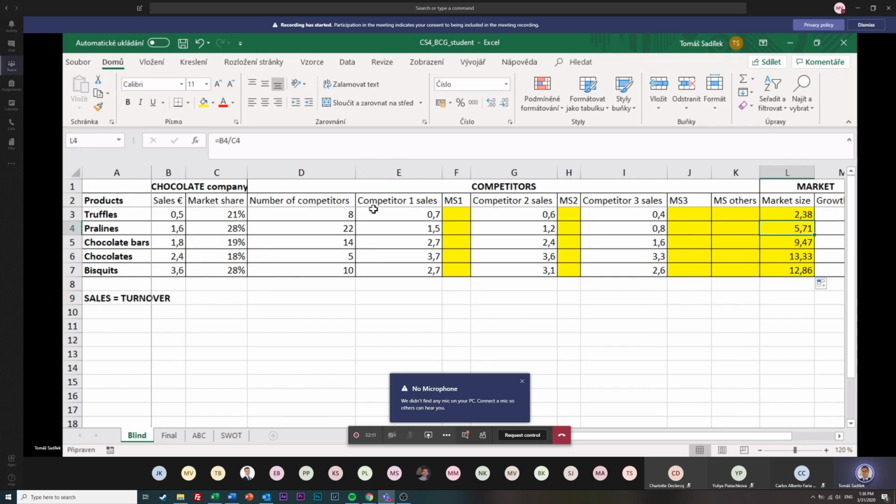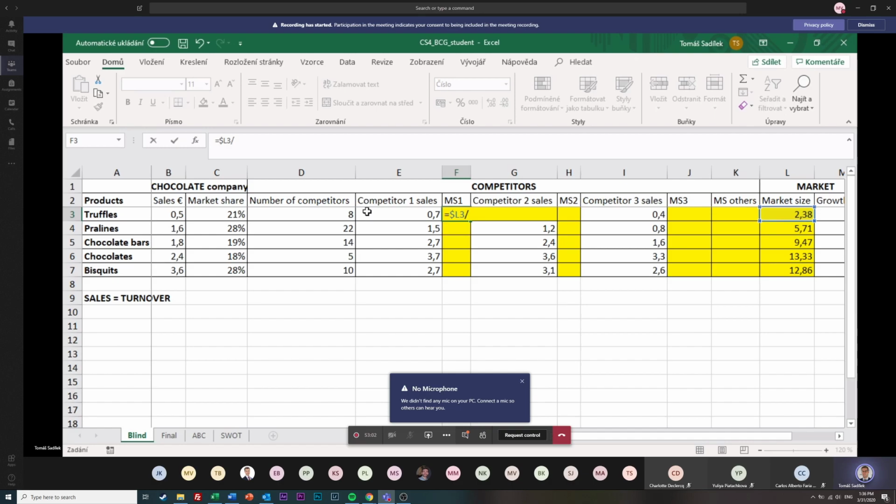The second step is to calculate the market share of each individual competitor. To calculate the market share of a competitor, it's easy. We have to take the market size divided by the competitor one sales.